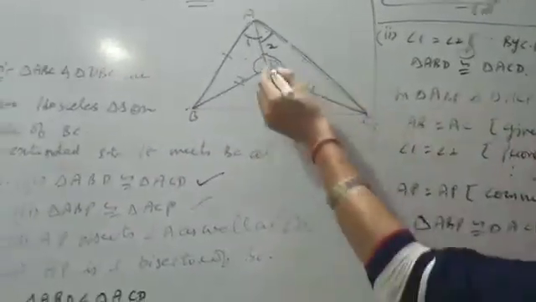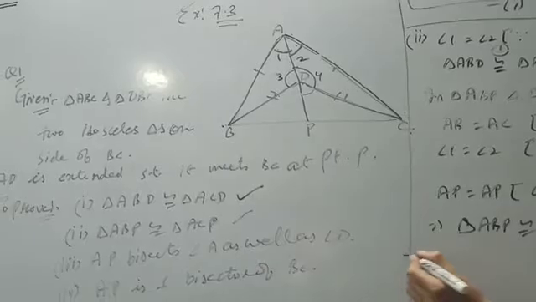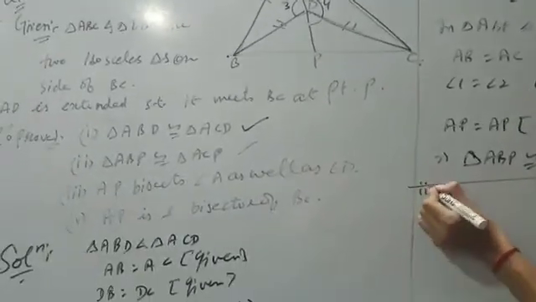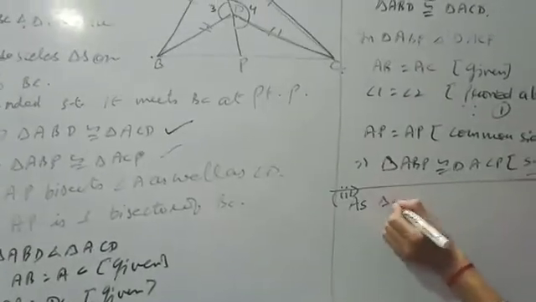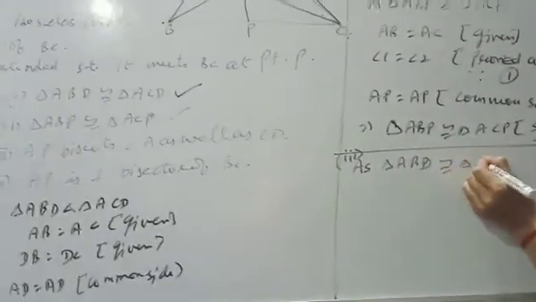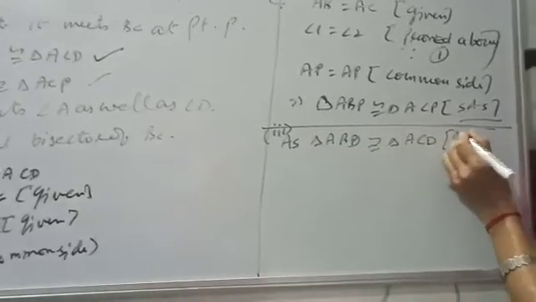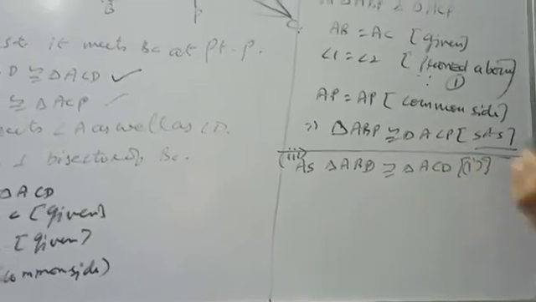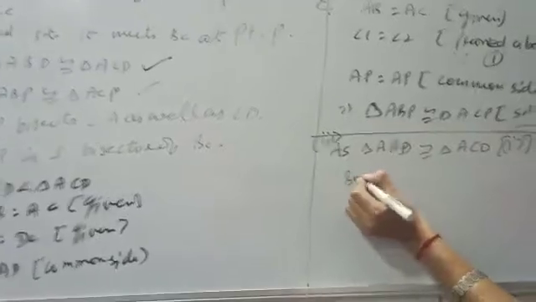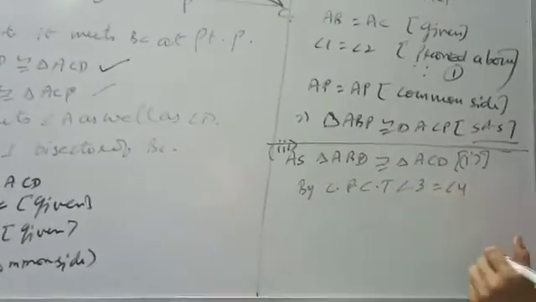So suppose angle 3 is equal to angle 4. So we will write, as the third part, triangle ABD is congruent to triangle ACD. It is the first part we proved already.